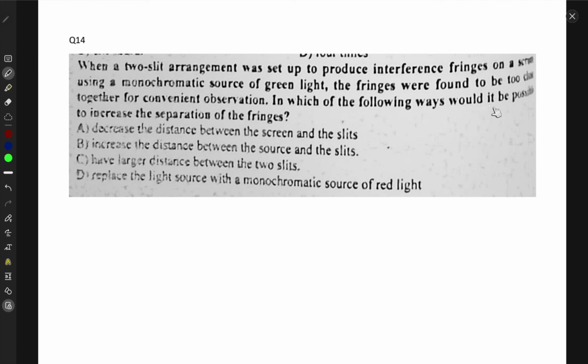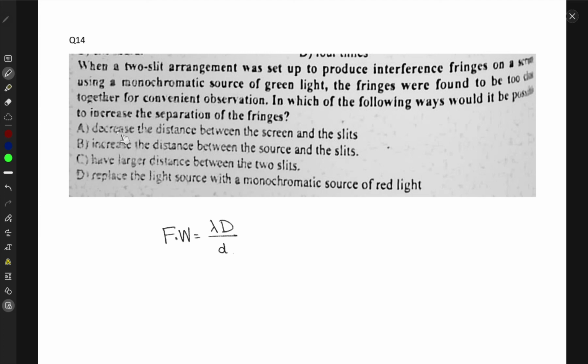In which of the following ways would it be possible to increase the separation of the fringes? How can I increase the distance between these fringes? So if you remember, we know that the fringe width is given by lambda, which is the wavelength, times the distance from the slits to the screen, divided by small d, which is the gap between the slits.